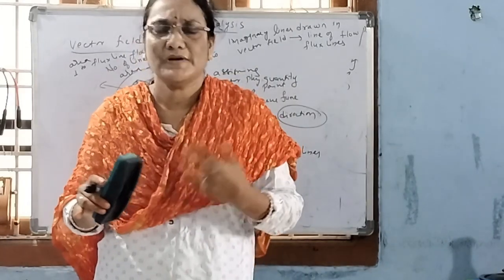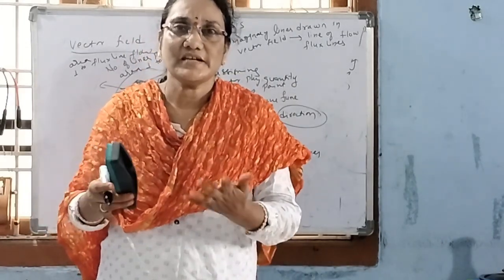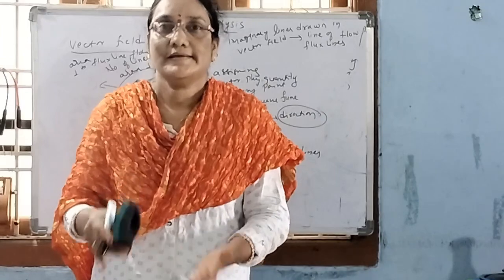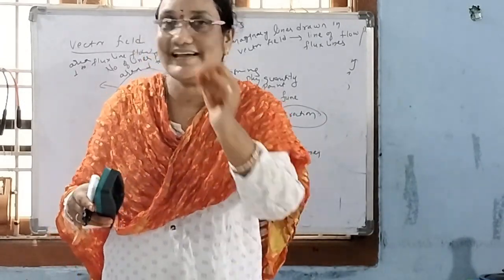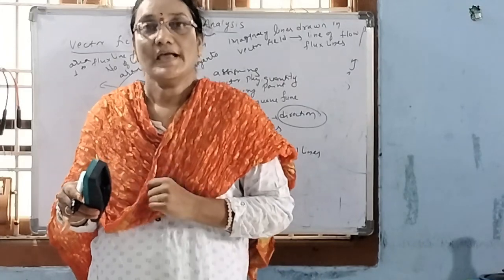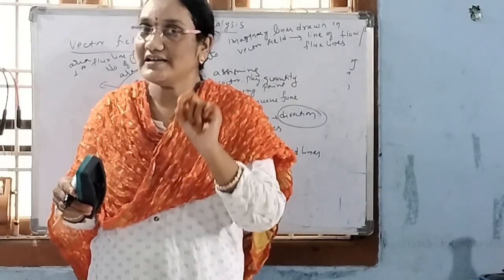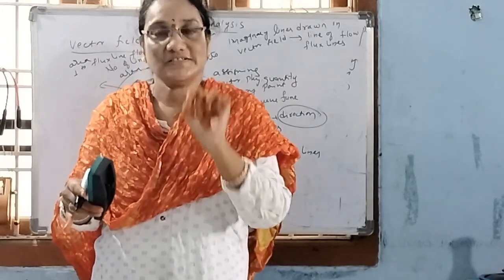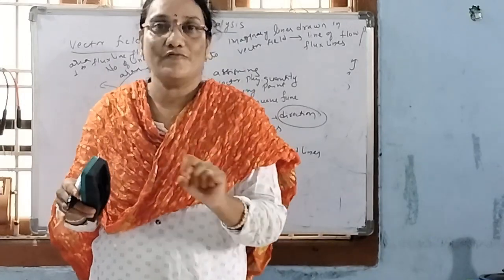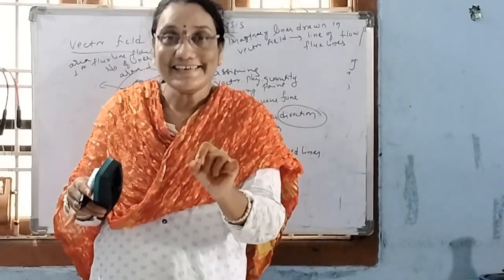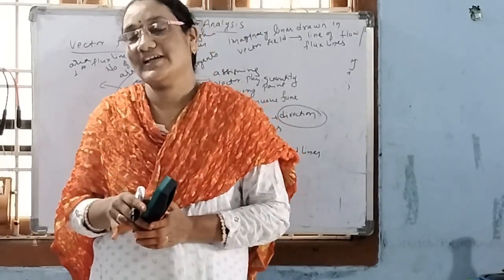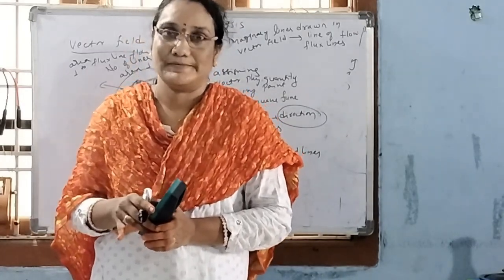Vector field is nothing but the combination of flux lines. Direction means the tangent drawn at each and every point on the flux line indicates the direction of the vector field. And magnitude means if we consider any area or surface perpendicular to the flow of flux lines, the number of lines passing through that area indicates the magnitude of that particular vector quantity or vector field.